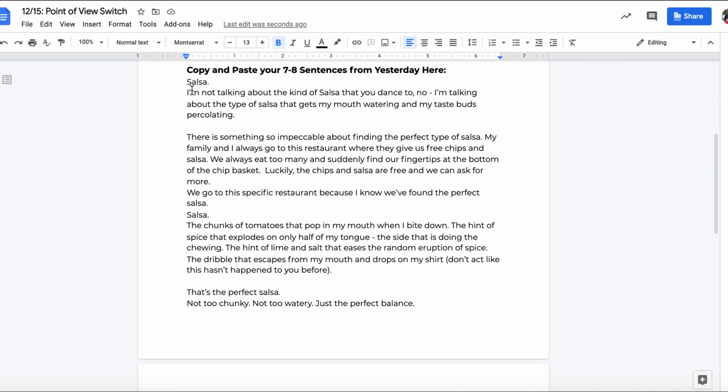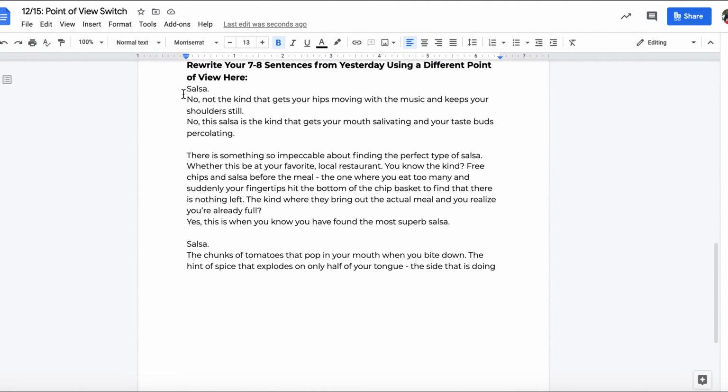So remember, I'm not talking about the kind of salsa that you dance to. No, I'm talking about the type of salsa that gets my mouth watering and my taste buds percolating. How do I switch that? Start with salsa. No, not the kind that gets your hips moving with the music and keeps your shoulders still. No, this salsa is the kind that gets your mouth salivating and your taste buds percolating.